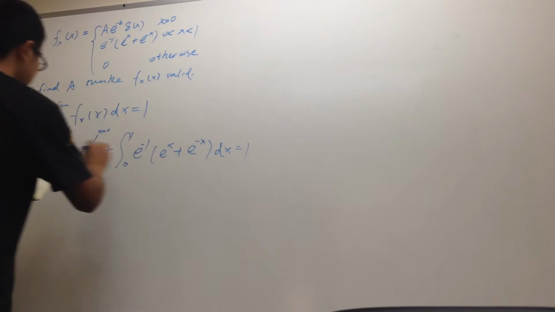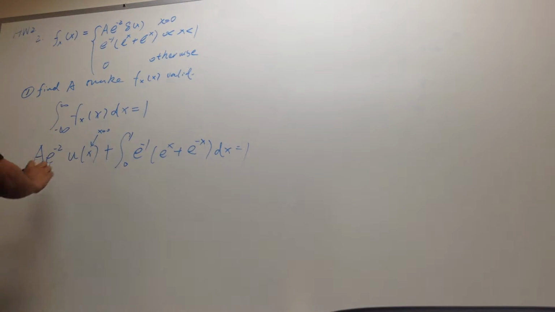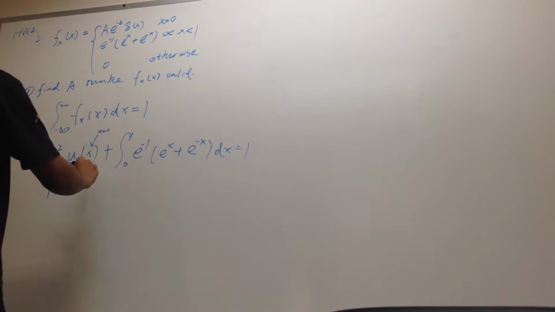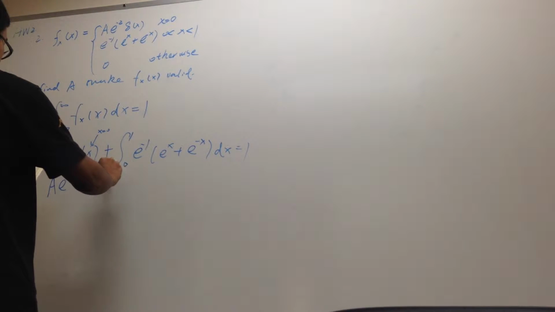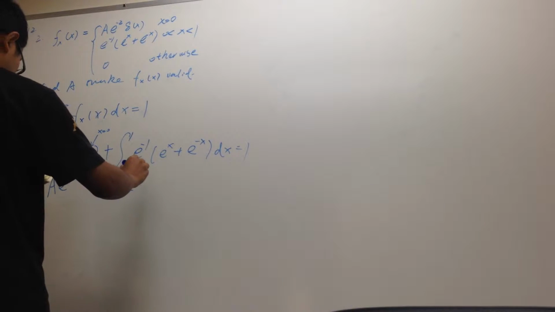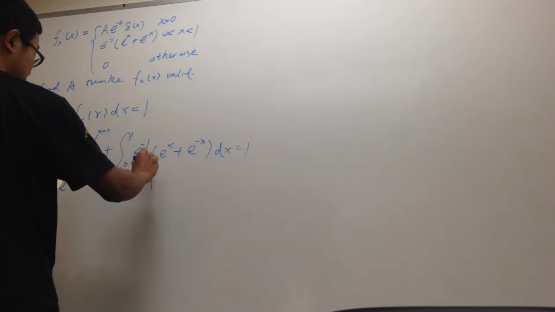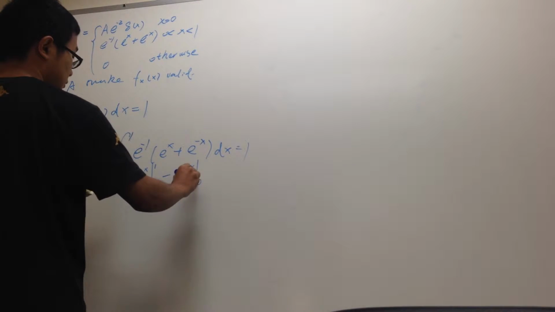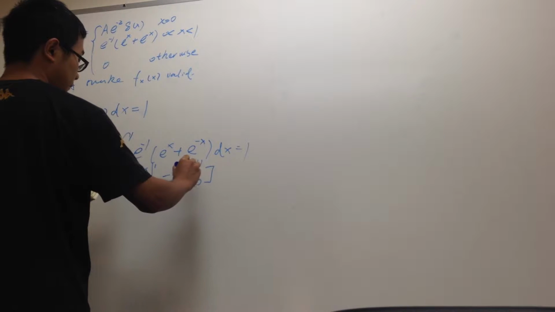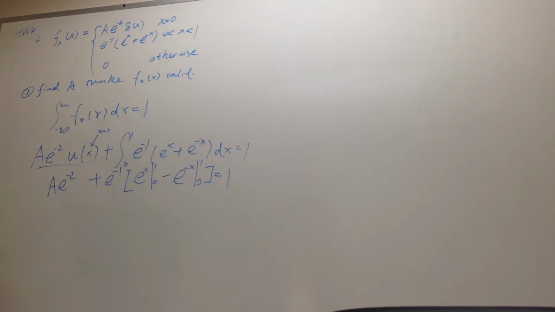This equals 1. So this equals A e minus 2, because when x equals 0, u(x) equals 1, plus (e minus 1) with e^x from 0 to 1 minus e^(-x) from 0 to 1, and this equals 1.